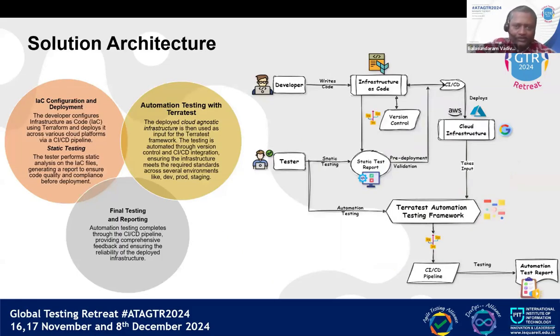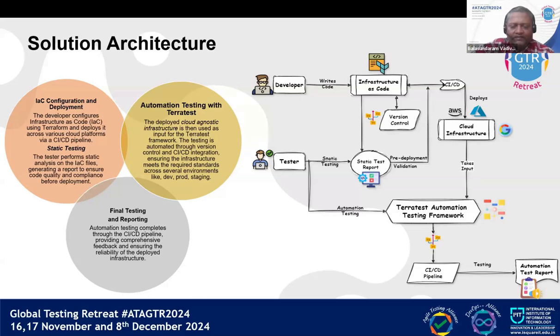Next, here we have the solution architecture. For example, the developer uses Terraform to configure the infrastructure, defining cloud resources like virtual machines, network, and storage across various platforms consistently. Once the developer has coded the Terraform code and will deploy the infra as code, the IaC code, they need to do static testing before deploying.